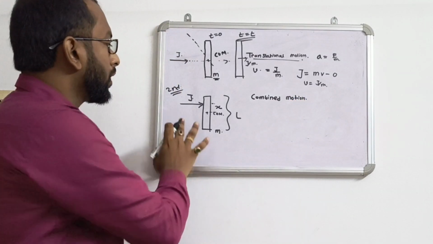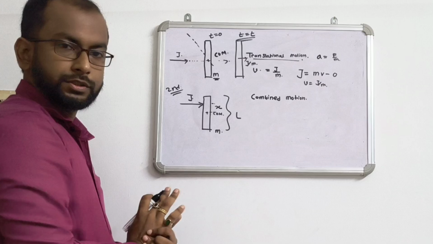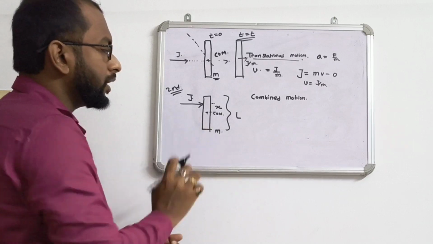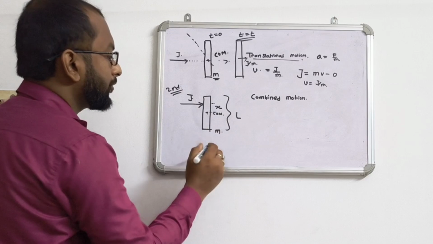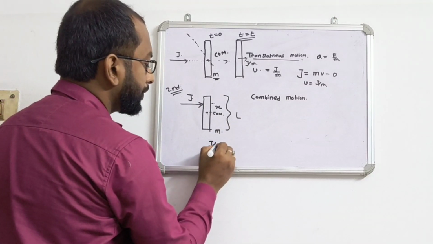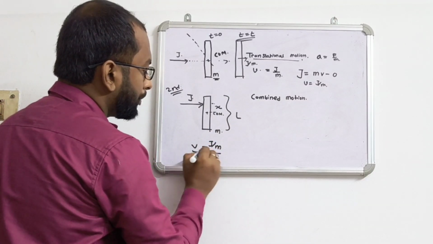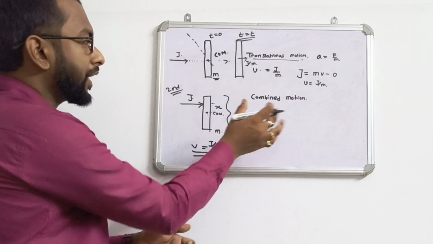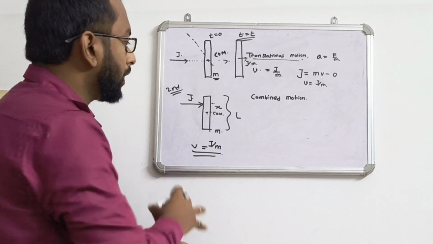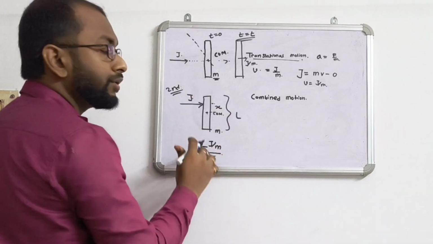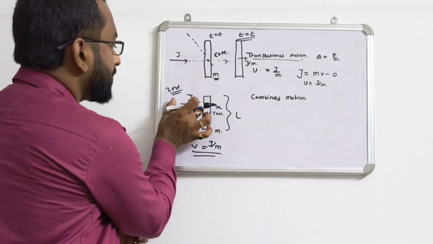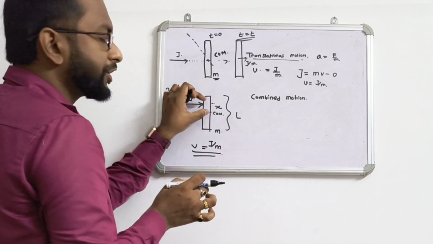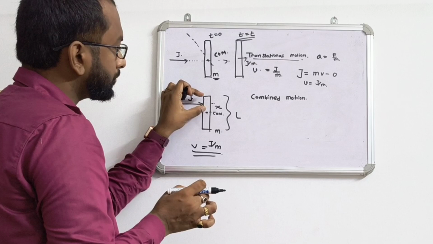Now, due to the application of this impulse, this body will move with some linear velocity. So that velocity is basically j by m. This is the translational part of the combined motion. Now, this will have another kind of motion, that is also rotational motion. Why? Because j is applied at some distance from the center of mass.